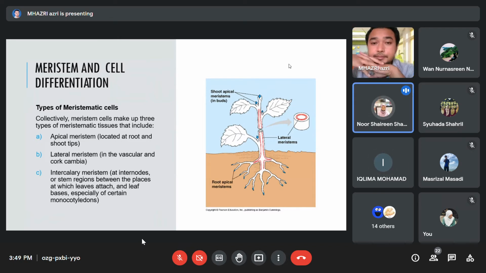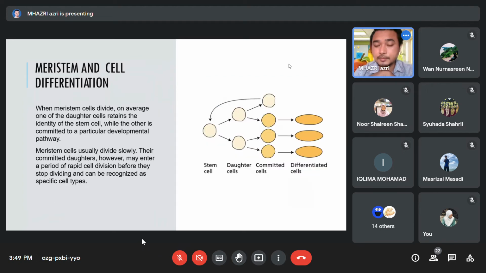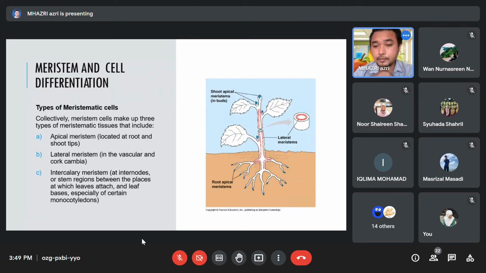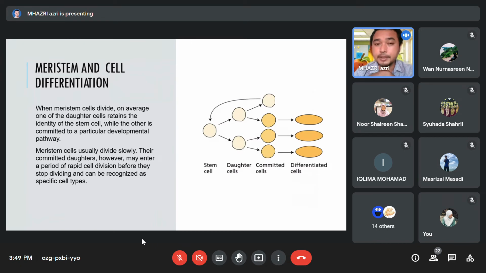So in the plant, the apical or basal regions will contain meristematic cells. They will divide into shoots, or they will divide into roots. When they divide into roots, at least one of the daughter cells will remain as a meristem cell. What are meristem cells?